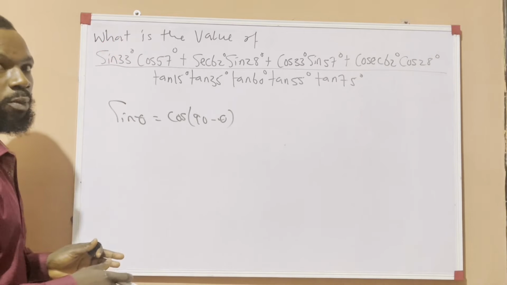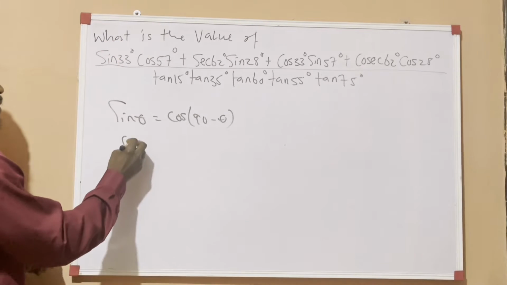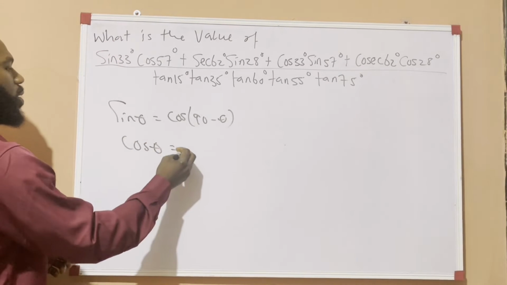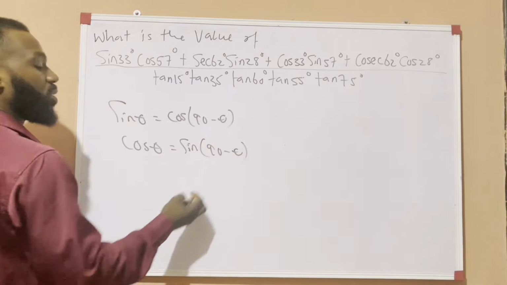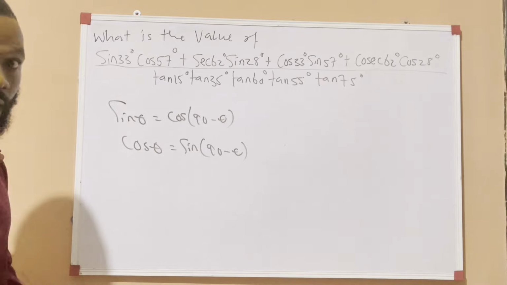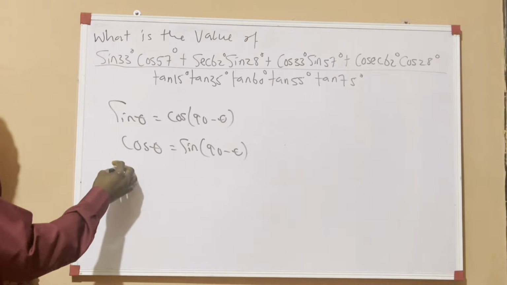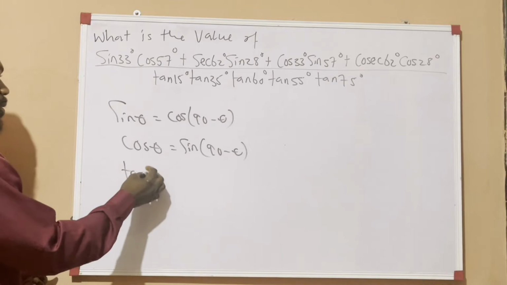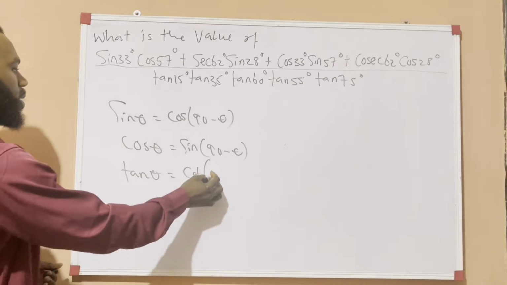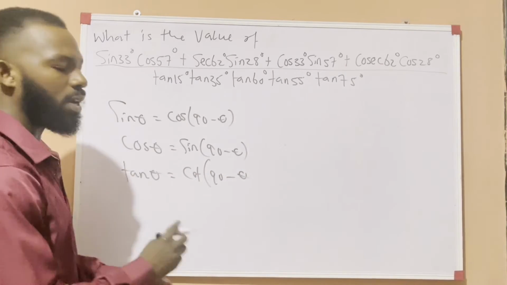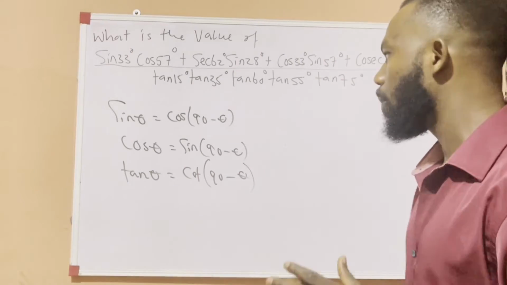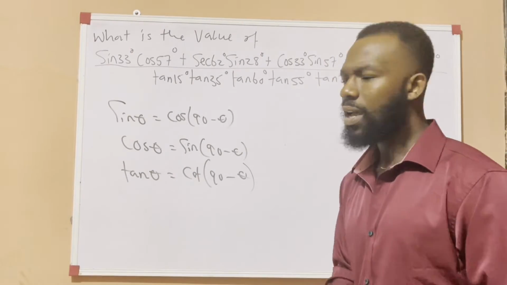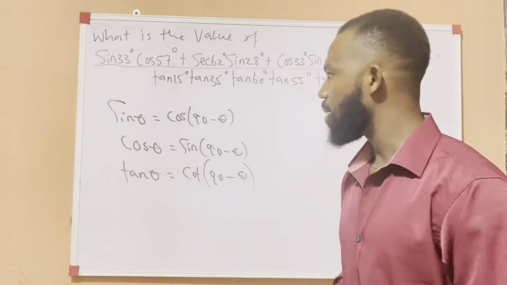And also cos theta is equal to sine 90 minus theta. Are you with me? And now we have tan theta is equal to cot 90 minus theta. We also will be using this formula. Please make sure you put these formulas down and make sure you understand them.